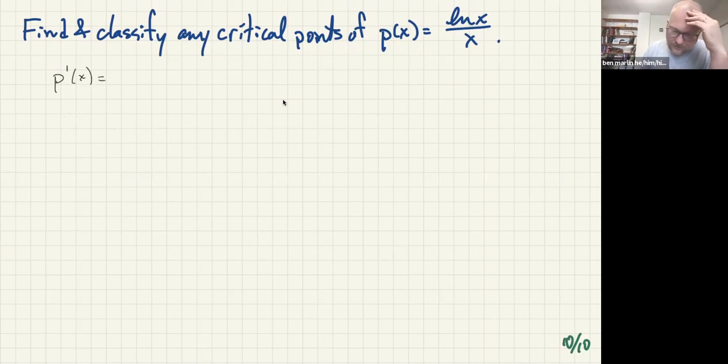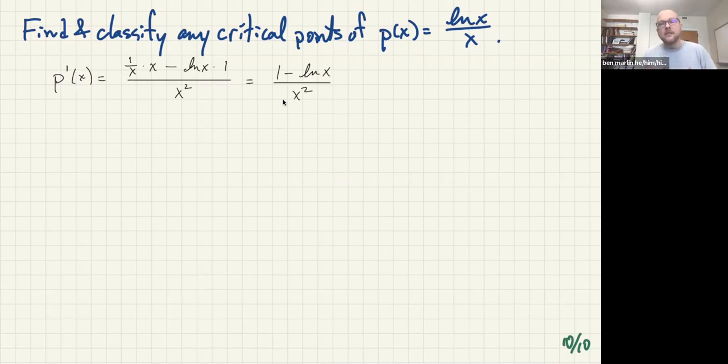I hate the quotient rule, but what you're going to do, you take the derivative of the top and then multiply by the bottom, minus, now we leave the top alone and multiply by the derivative of the bottom, and then the bottom gets squared. So we end up with 1 minus ln x all over x squared.